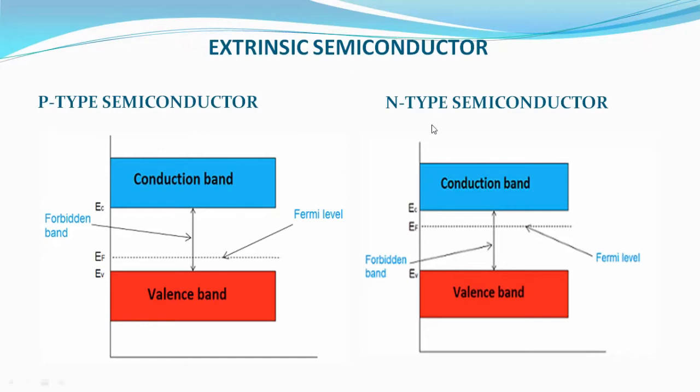In case of n-type semiconductor material, you will have pentavalent impurities like arsenic. So the 4 valence electrons go for covalent bonding with the valence electrons of arsenic, and one extra valence electron from arsenic will be there, and it will have some kind of crystal mismatch.